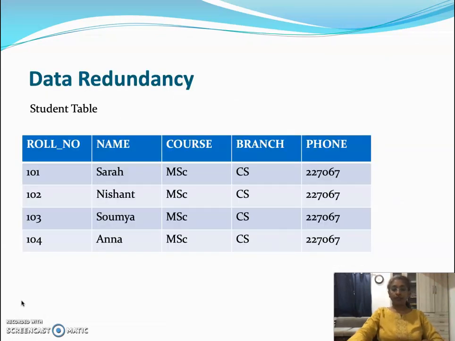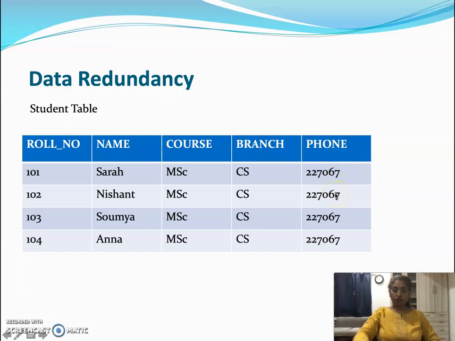So let me show you with an example what is data redundancy. In this table, we have course, branch and phone numbers repeating. We can see that all the records have the same values for course, branch and phone.